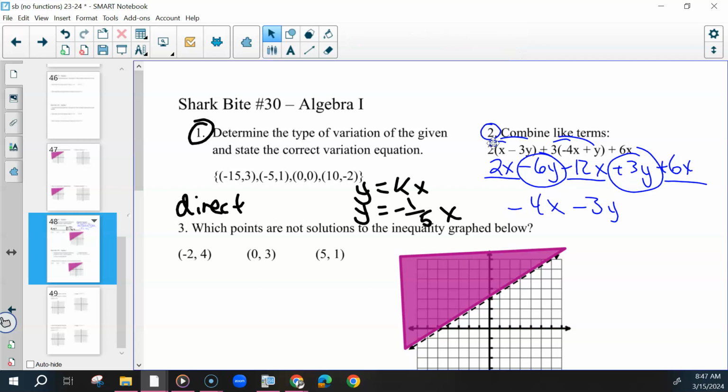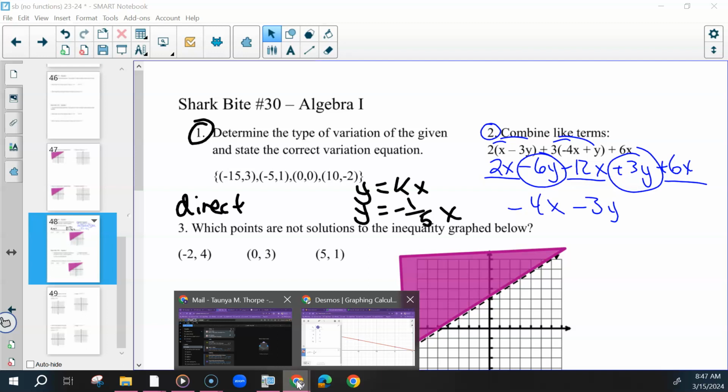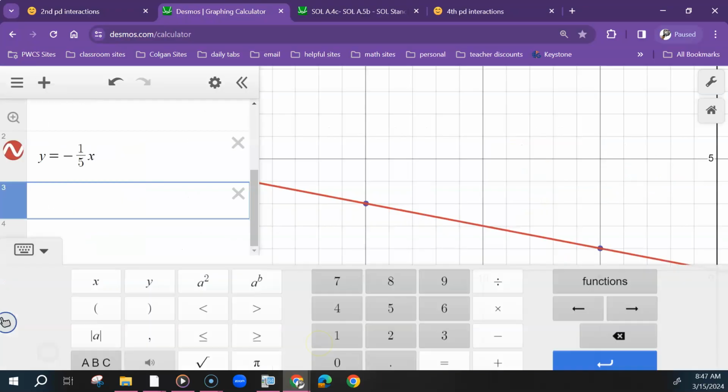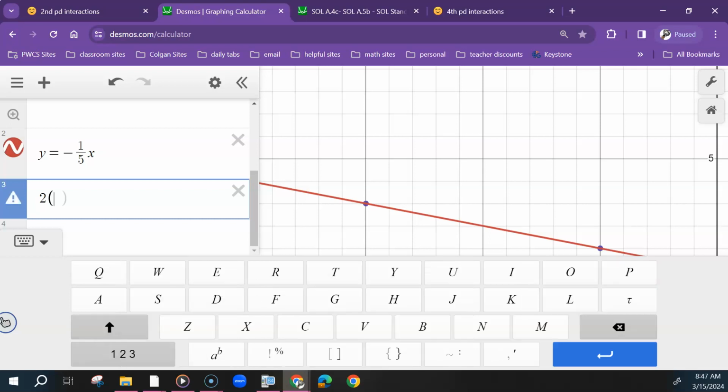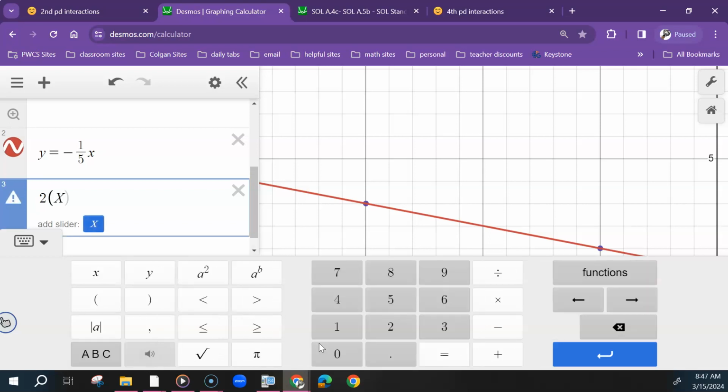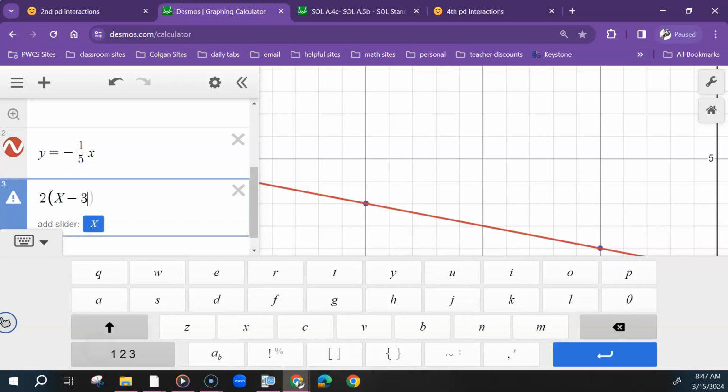If you were to check that in Desmos, you could use the variables given, but capitalize everything. This would work faster for you because you would just be typing it in.